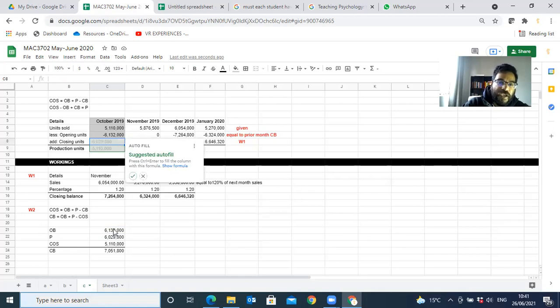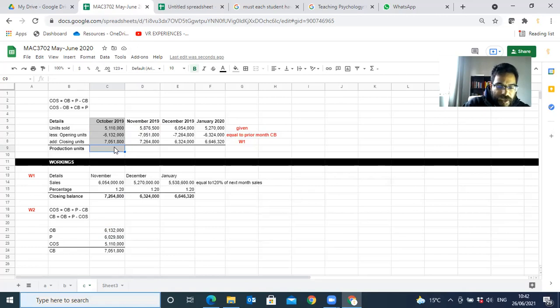Now, September's closing inventory would have been 120% of October's sales. Okay, so it's just the same thing over there. Then closing inventory, if we use the formula, closing inventory must equal 120% of November's sales. So if I just say equal November's sales multiplied by 1.2, yes, okay, so it comes out to be the same.